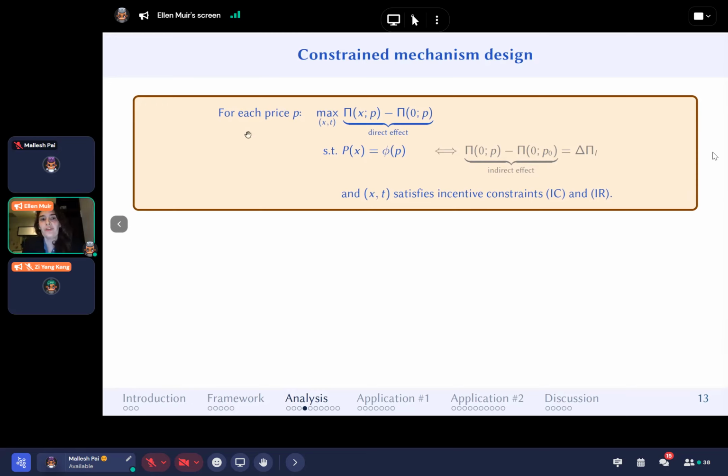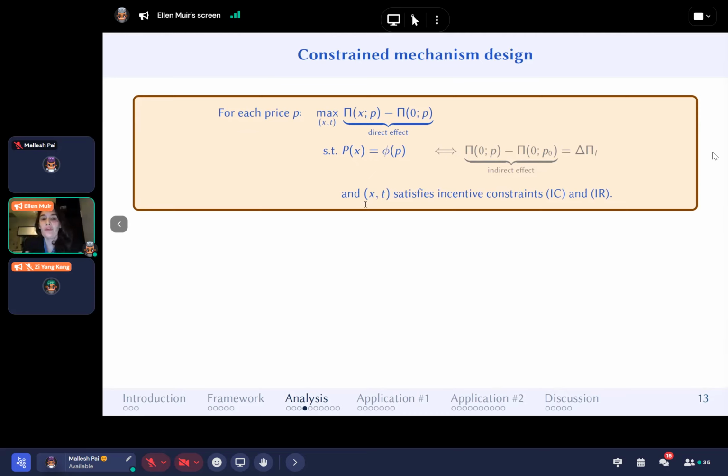So what we want to do in terms of solving this inner problem, or this constrained mechanism design problem, is that fixing a price P in the aftermarket, we want to maximize the objective of the designer, which in that case just collapses to maximizing this direct effect, subject to the constraint that we have our assumed value of the indirect effect, or completely equivalently, that we actually induce an equilibrium, the assumed price P in the downstream market.